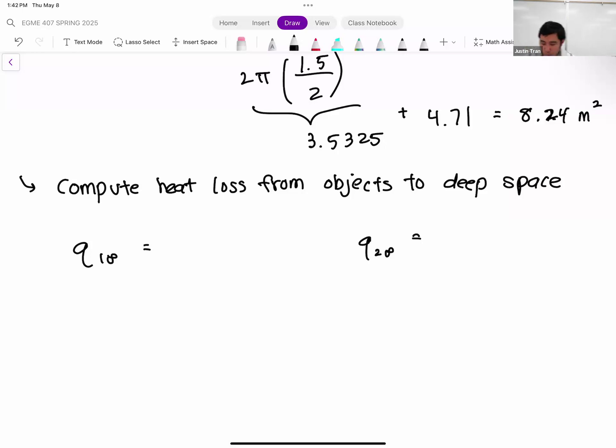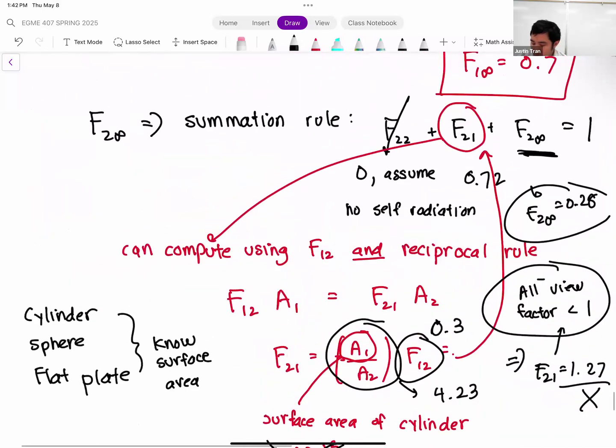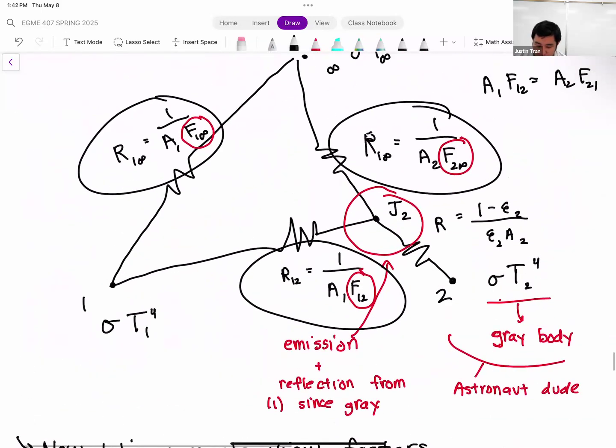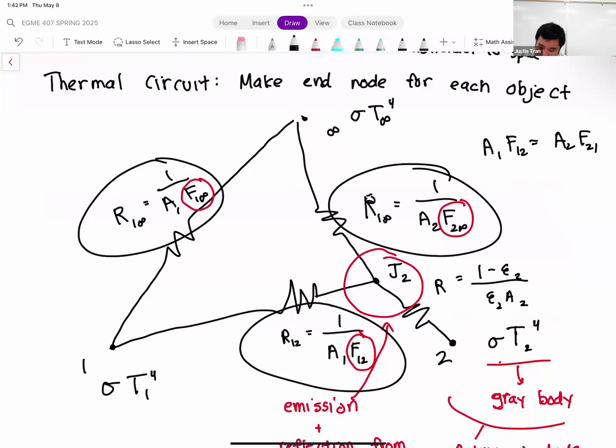The way you're going to do this is you go back up to the circuit and compute the difference between the 2 nodal values on the inner part of the circuit, divided by the resistance in between them. For surface 1, which is our black body, the heat transfer from the cylinder to the environment goes along this path right here.